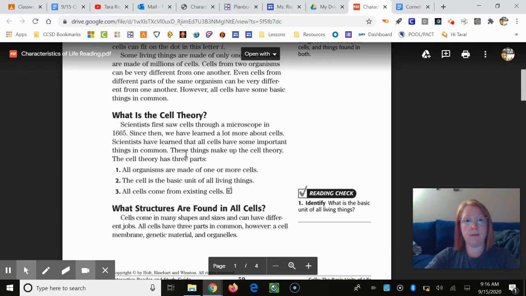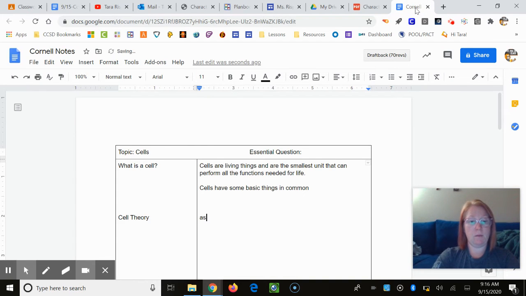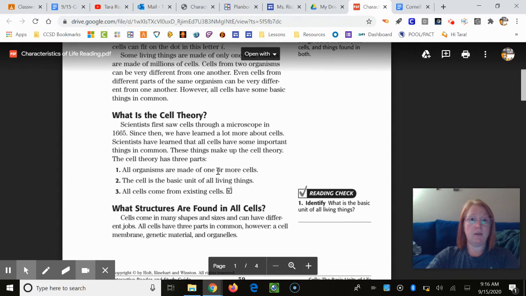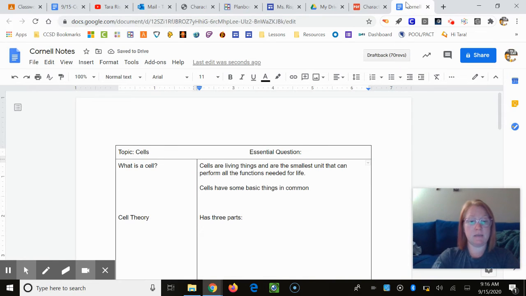So cell theory has 3 parts. And then I would list the parts 1, 2, and 3 based on my reading.